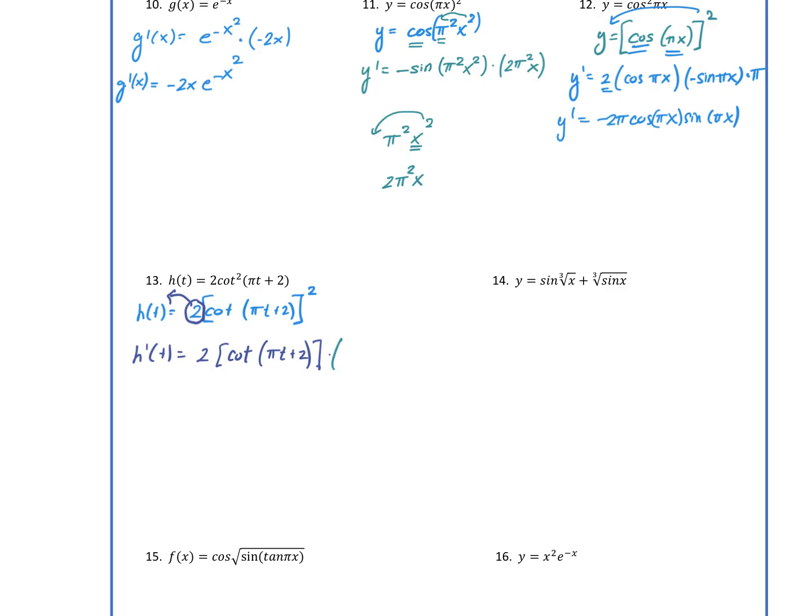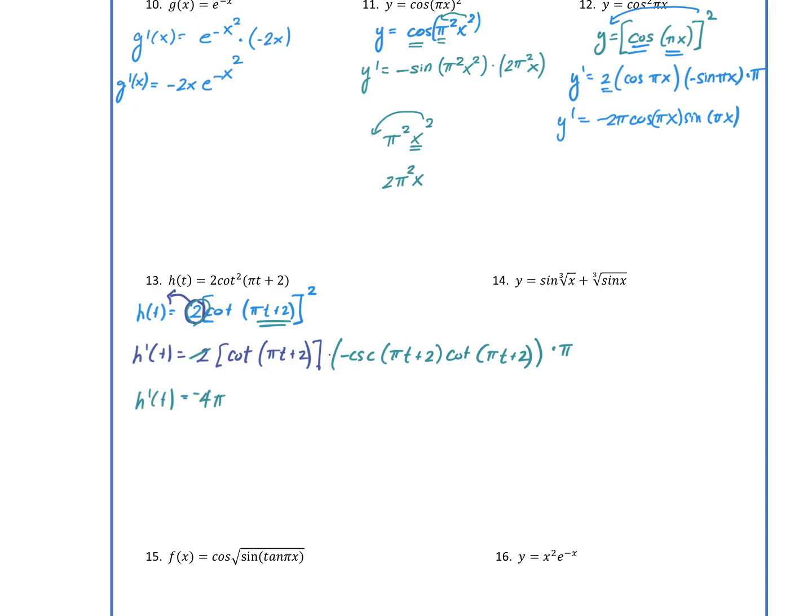Cotangent is minus cosecant cotangent. Then I have the derivative of that times pi. So h prime of t, remember I had that original 2, so 4 with a minus pi.